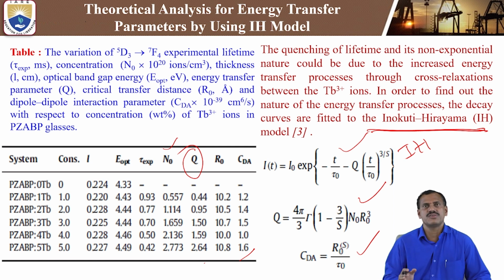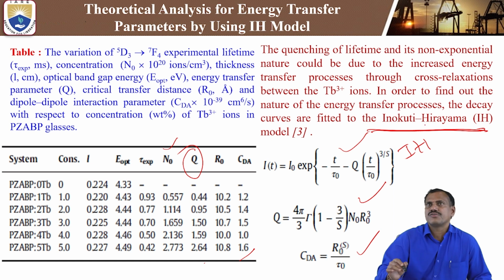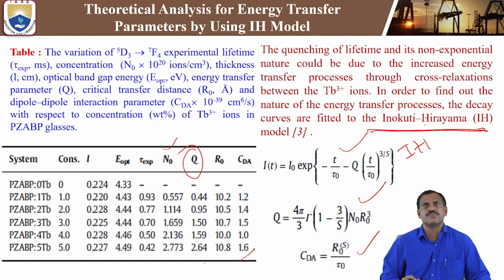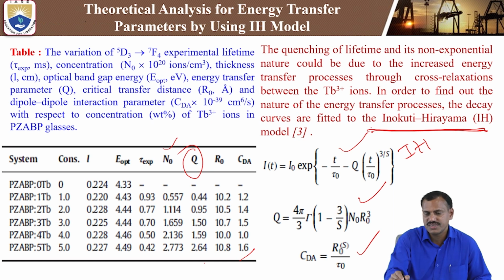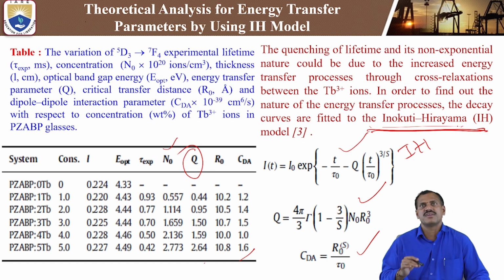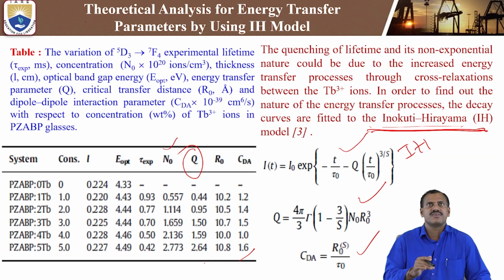For single exponential nature, we are unable to fit the Inokuti-Hirayama model. Whenever the luminescence lifetime shows non-exponential nature, at that time we can study it with the Inokuti-Hirayama model and obtain the energy transfer parameters. So in the terbium 3 plus 5D3 luminescence lifetime, we cannot get the energy transfer parameters.